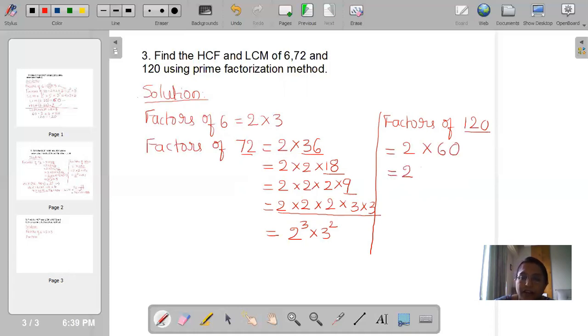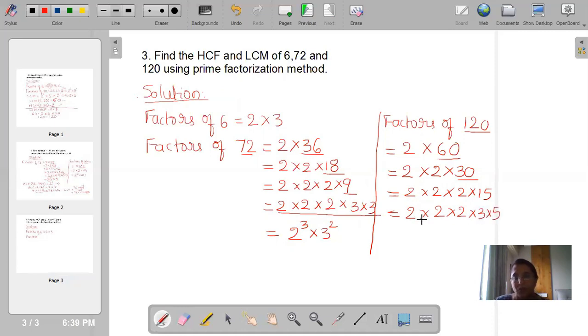Again take factors. 2 into 2 into 30. 2 into 2 into 2 into 15. Factors of 15 are 3 into 5. So all are prime now. Stop here and we'll write in powers. It is 2 cube into 3 into 5.